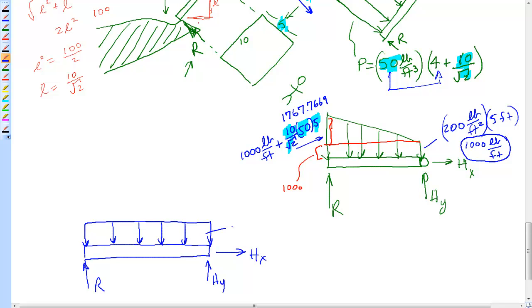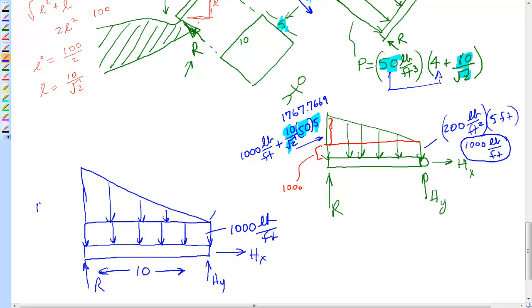This thing is 1,000 pounds per running foot. This is 10 foot across here. And then I have a triangular load dropped right on top of it. Of course, the triangular load on that end's nothing. And then over here, it's 1767.8. Might as well just make it 8.